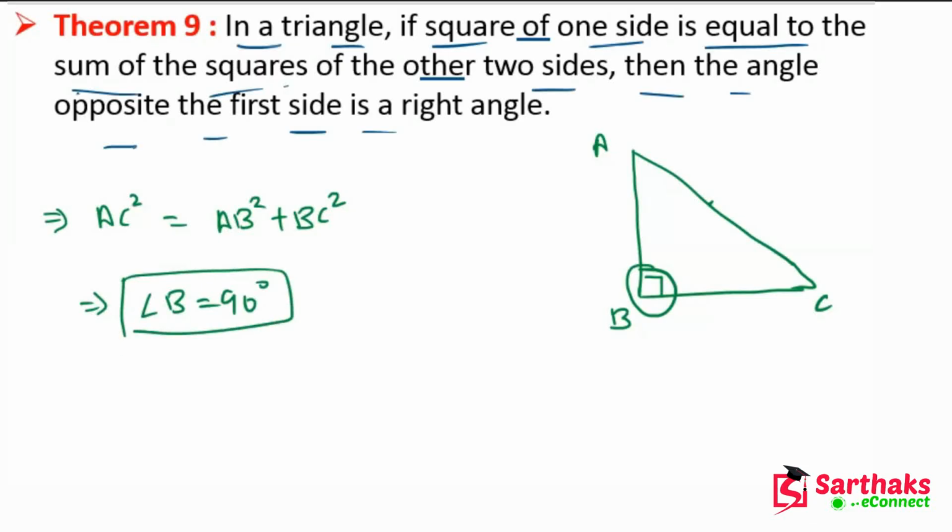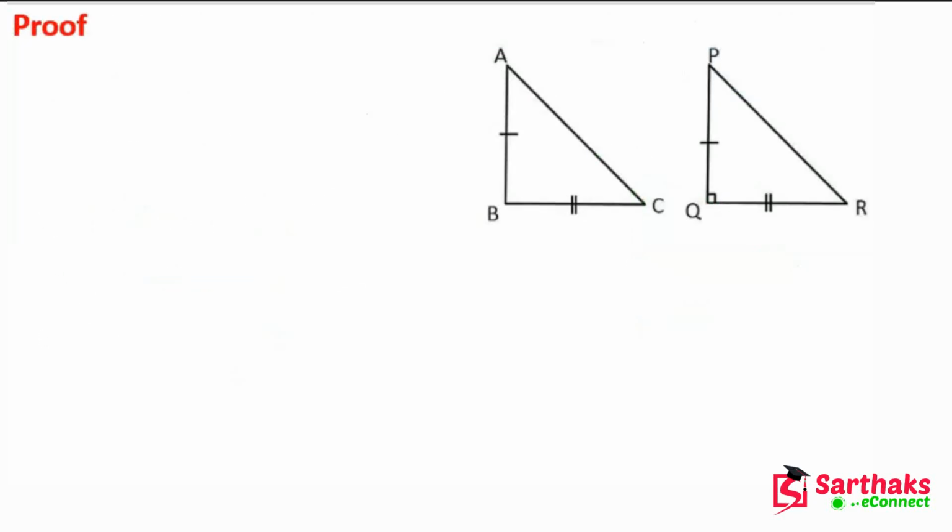Now my dear friends, we have to prove this theorem. We have to prove that angle B is equal to 90 degrees. So first of all, the given part is that we have a triangle ABC.